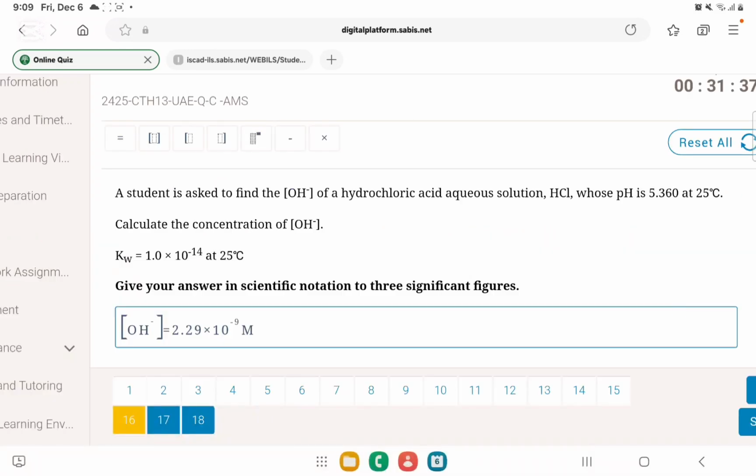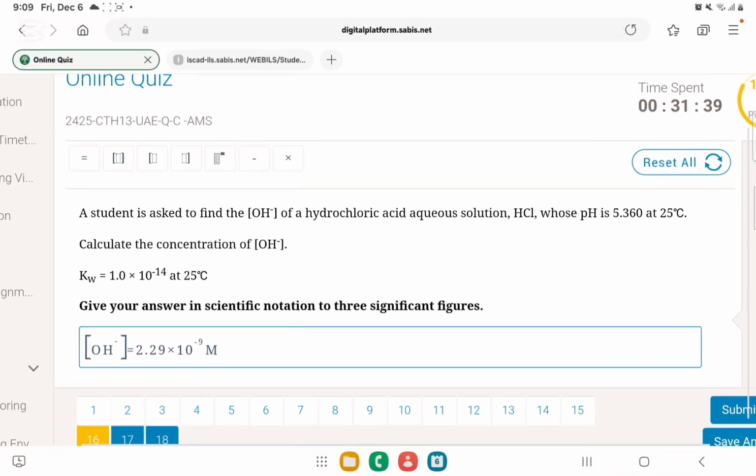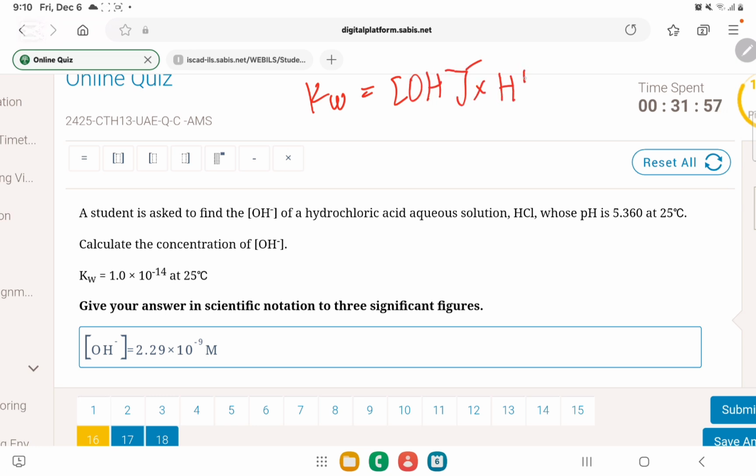Okay, I'll just explain again. The student is asked to find the concentration of OH minus of hydrochloric acid aqueous solution HCl whose pH is 5.36. So we're going to use the Kw formula, which is equal to OH minus times H plus, and we're also going to use negative log of H plus is equal to the pH.